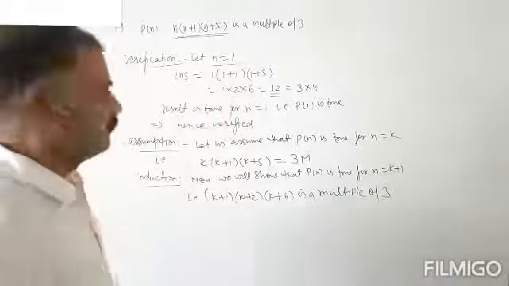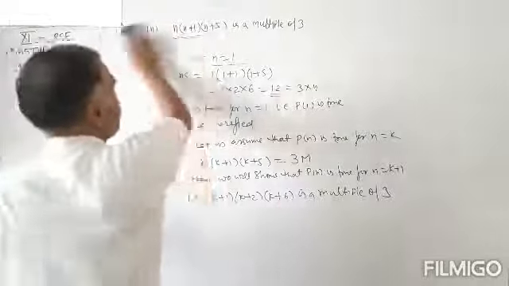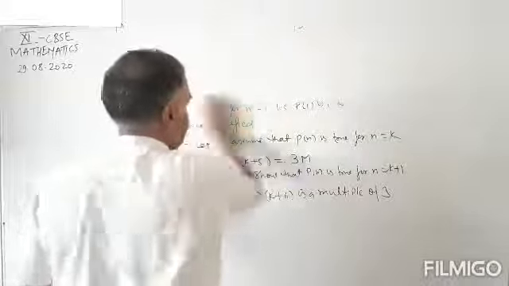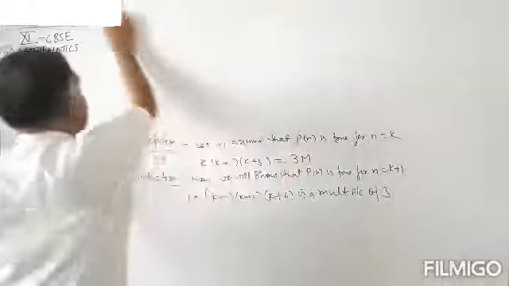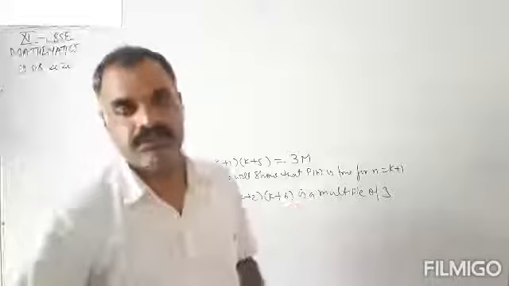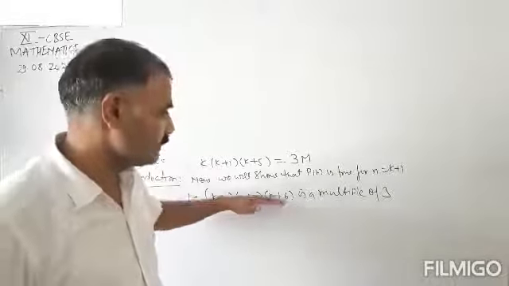So start from this, starting from (k plus 1)(k plus 2)(k plus 6).